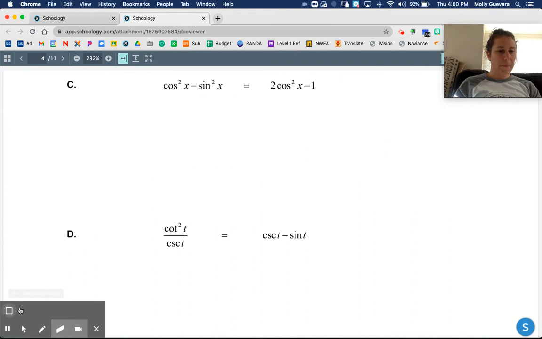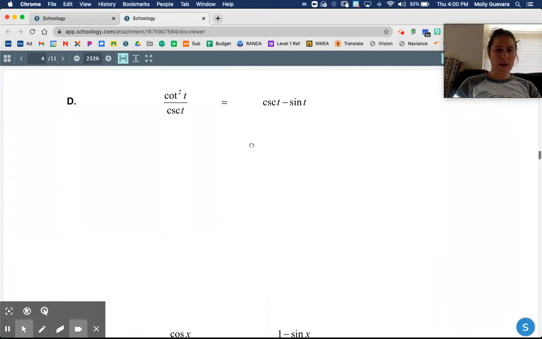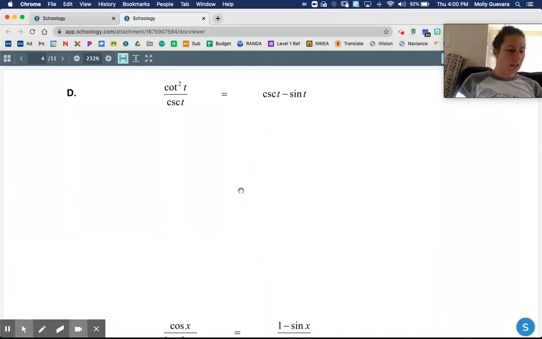Okay, now we start getting into the big guns. So here I have cotangent squared of t over cosecant of t equals cosecant t minus sine of t.